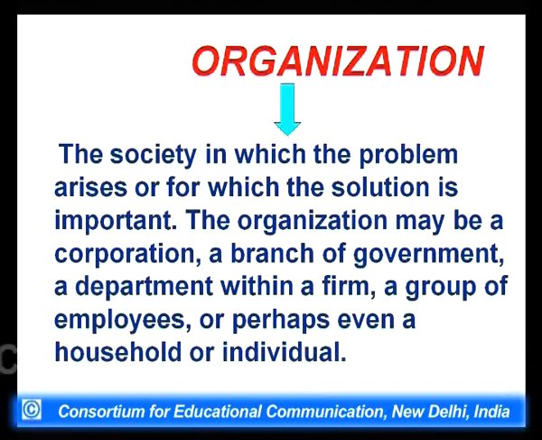And this comprises an organization. So the organization which holds the problem and which is finding the solution to that problem is called the organization. We have understood this statement.